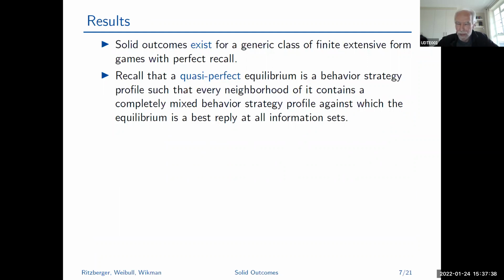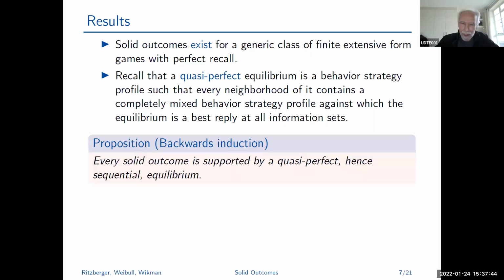That's where we need genericity. It's not needed for the proposition about backwards induction. Okay, so we have quasi-perfect implicitly, and you could use that to reverse engineer what happens off equilibrium if you want.